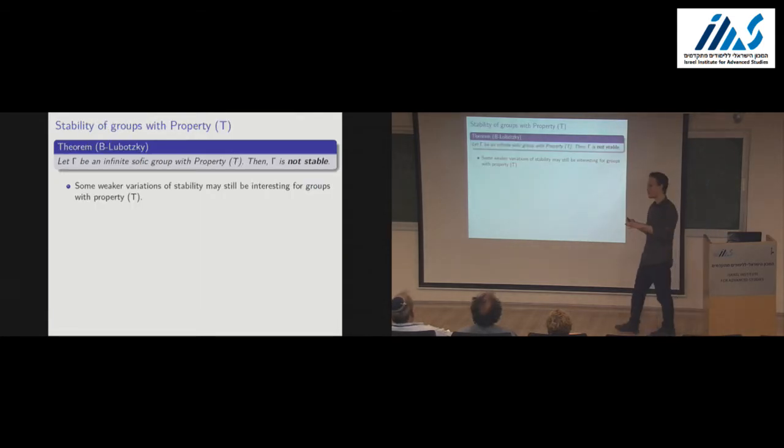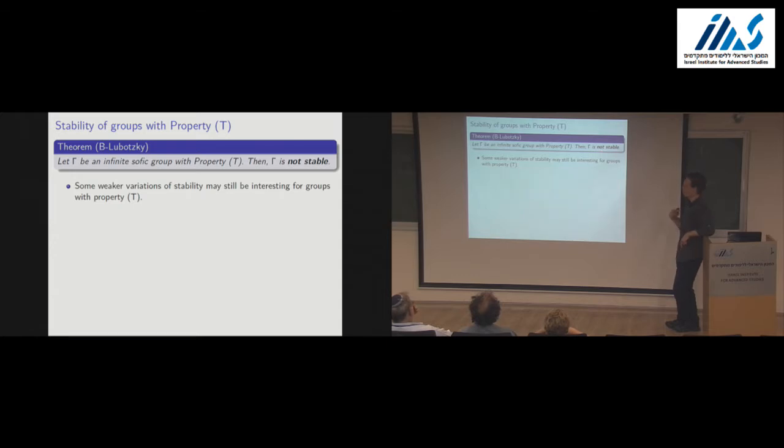Okay, so far I talked about amenable groups. Let's go to the other extreme and talk about groups which have Kazhdan's property T. So let gamma be a group which is infinite, sofic, again this word that I didn't explain, and has property T, then it is not stable.